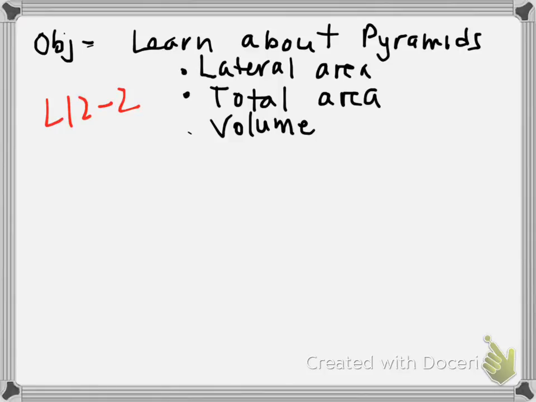So we've got some vocab that we need to deal with, and we're going to have a little bit more complicated time with pyramids than we do with prisms. With prisms, we had rectangular sides or square sides, but with pyramids, we've got this base and we come up to a point. So what shape would all the sides be?